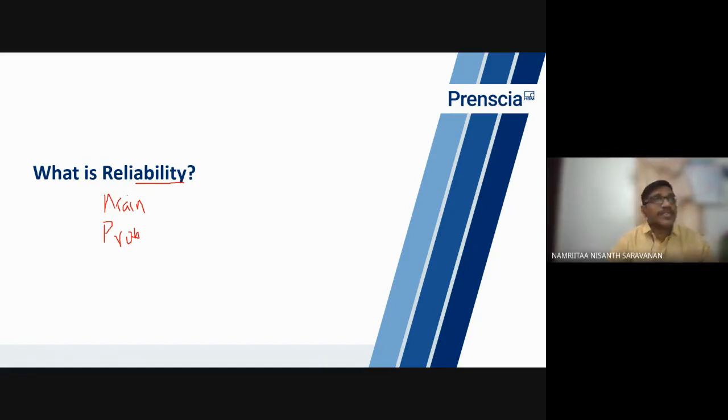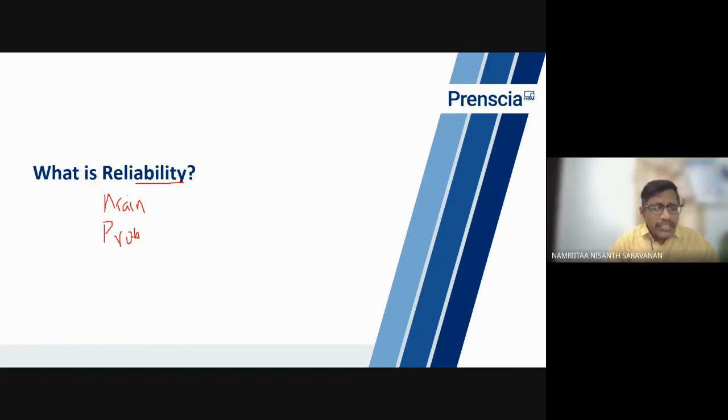So now you can ask a question: how sustainable is my product? What do you mean by that? Sustainable means environmentally sustainable. So recently, I think just before the pandemic, the Indian Parliament announced the BS6 norms for automotive engines. So what are the BS6 norms? The BS6 norms are environmental norms.